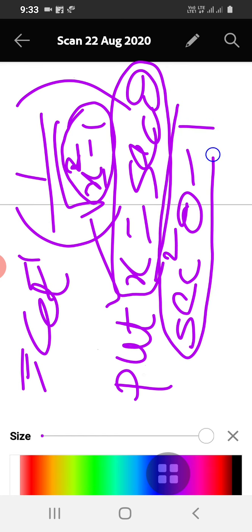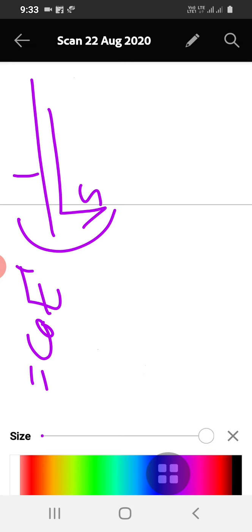To simplify this, we can use the basic property. So the expression becomes cot inverse of 1 by square root of secant square theta minus 1, under the square root. Now see here, secant square theta minus 1.